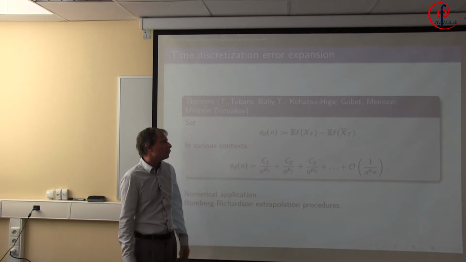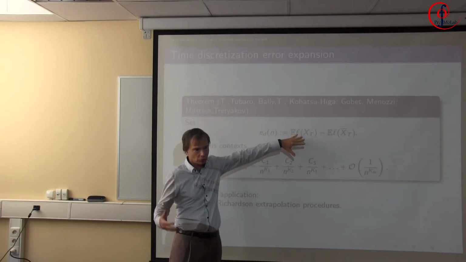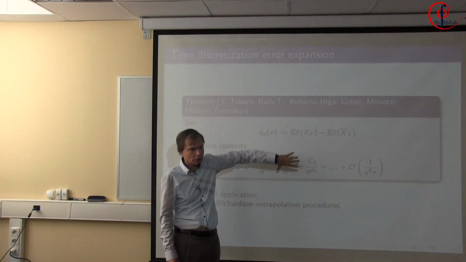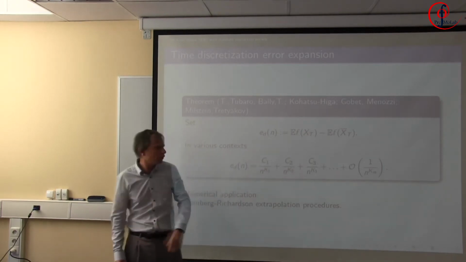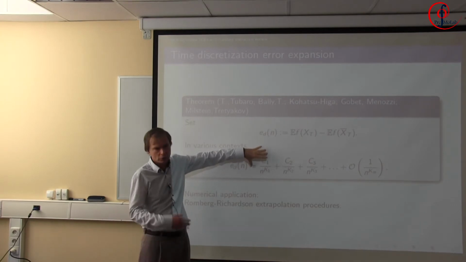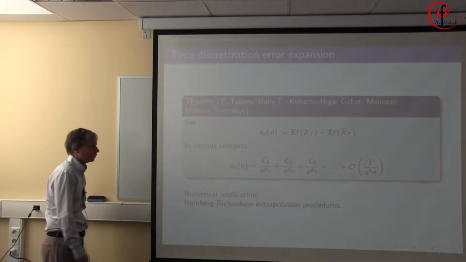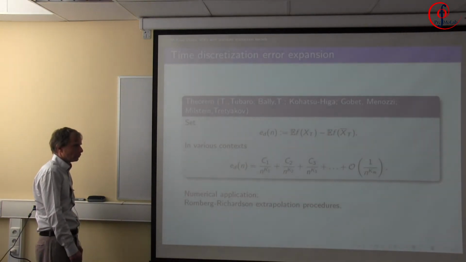I mean, each time you have a solution capital X which has moments of, let's say, order 4 or 6, then you get this kind of formula. And it's also true for reflected diffusions, stopped diffusions and so forth. So it's a very generic property of discretization of SDEs.